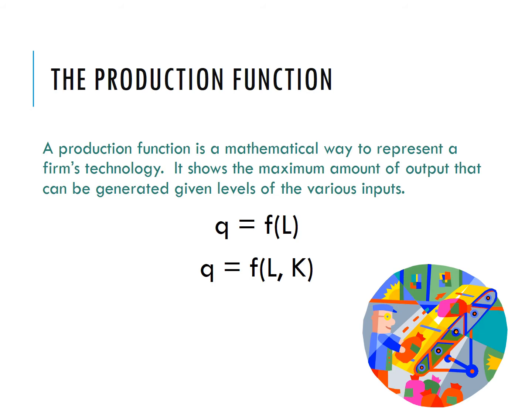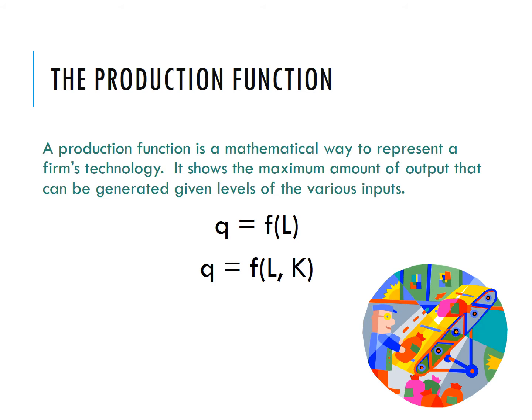So here I have the quantity that the firm produces is a function of L. L is going to be labor, or the number of workers, and it could also be a function of labor and capital. Capital is going to be machinery. So it could be anything from, say, an oven in a cookie shop all the way up to a production plant.